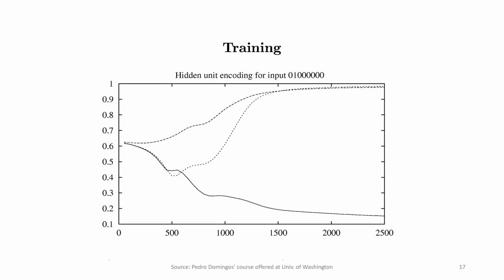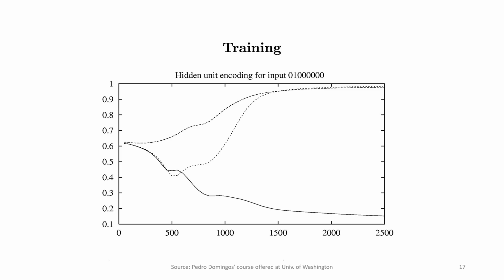And this slide shows the encoding for one of the inputs. If we give this input, how does the hidden encoding change over the number of learning iterations?